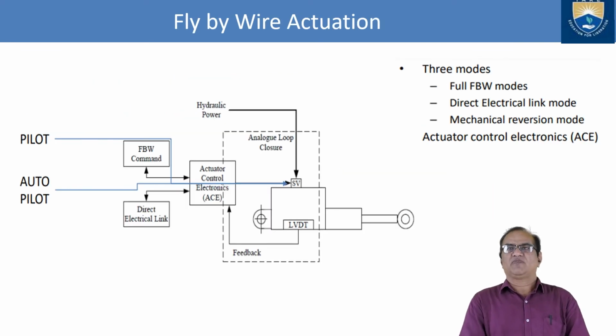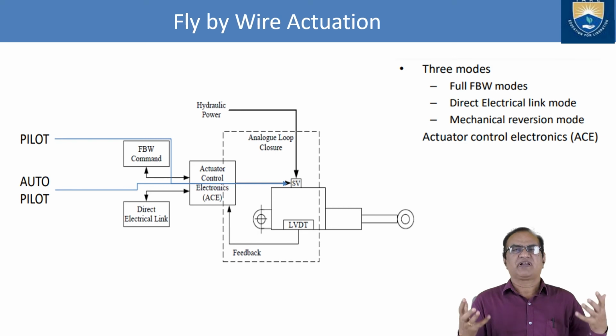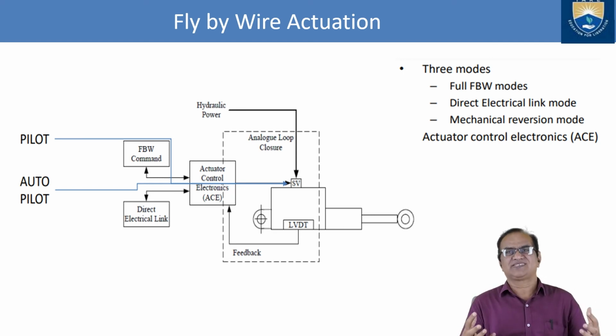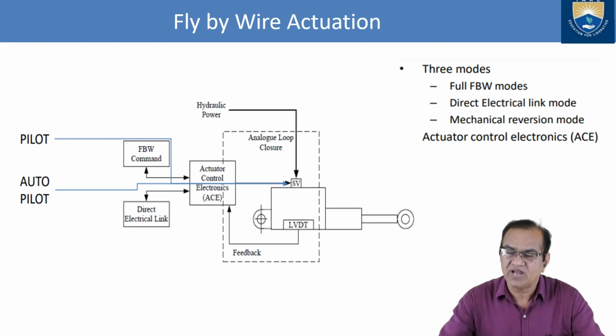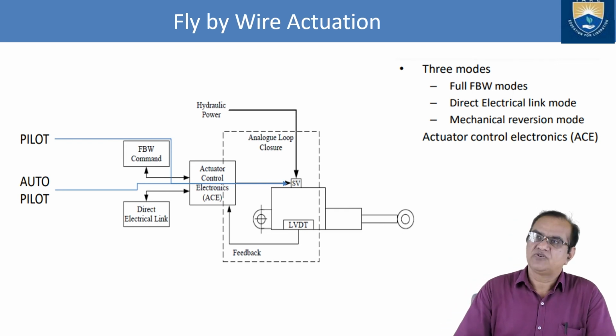Now I will talk about fly-by-wire actuation. It has saved a tremendous amount of hard work put in by the pilot during the flight. Fly-by-wire has revolutionized the system, and made the flight of the aircraft very comfortable and very safe, with very good parameters.